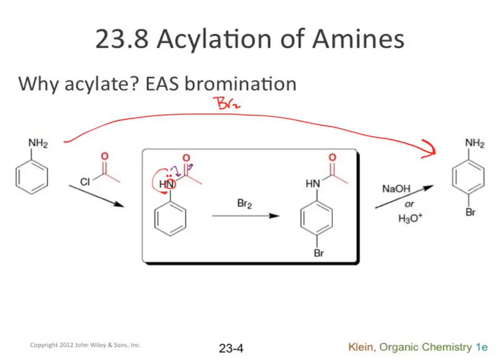So we lose some of the activity of the amine, which would help us put on only a single bromine. Whereas if we did our purple pathway with Br2, that is now a strongly activated structure due to that nitrogen. We would likely see the bromine go in the para position. How sterically hindered is that ortho?